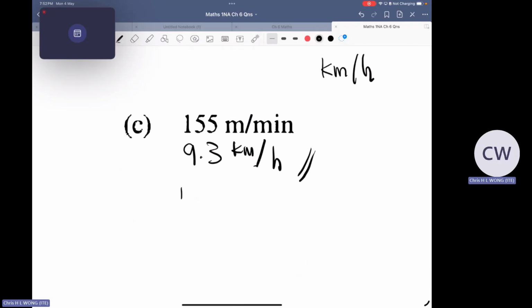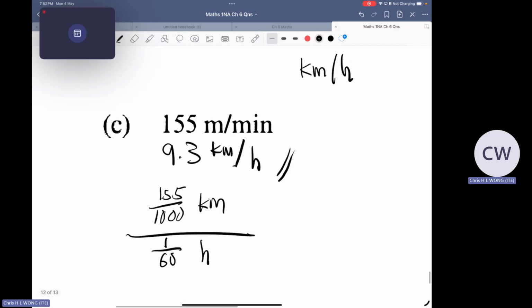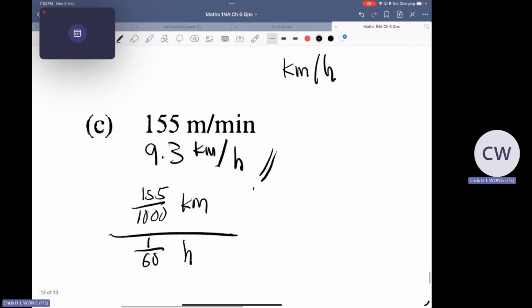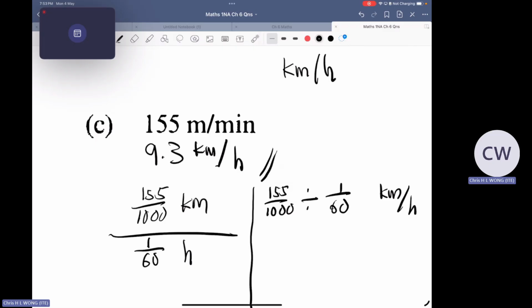It should be 155 over 1000 kilometer, divided by 1 over 60. Minute to hour is 1 over 60, right? So you will have 155 over 1000 divided by 1 over 60 kilometer per hour.